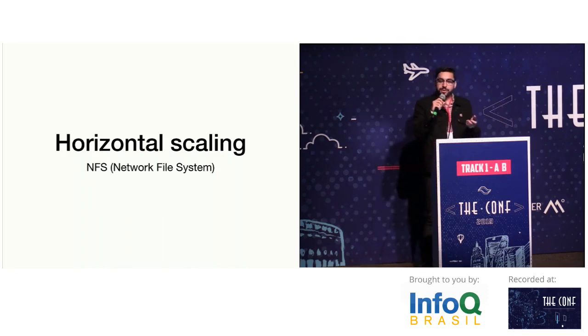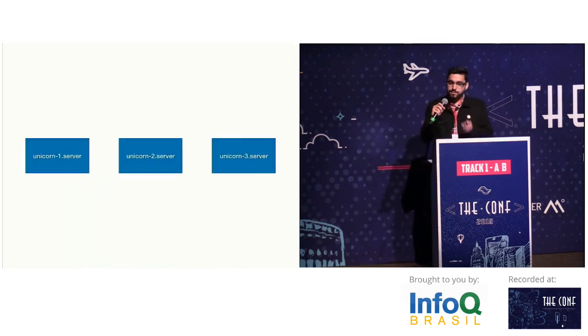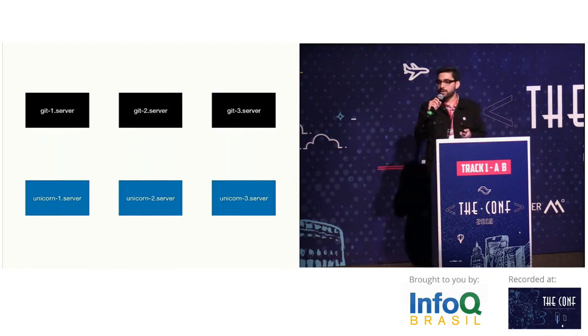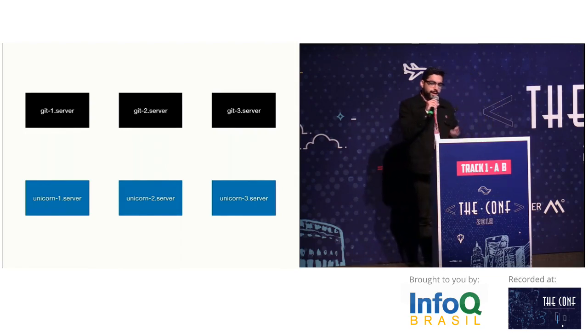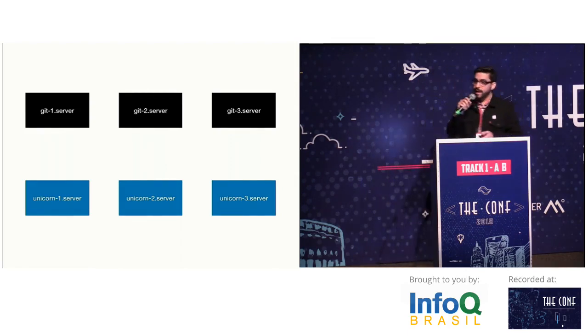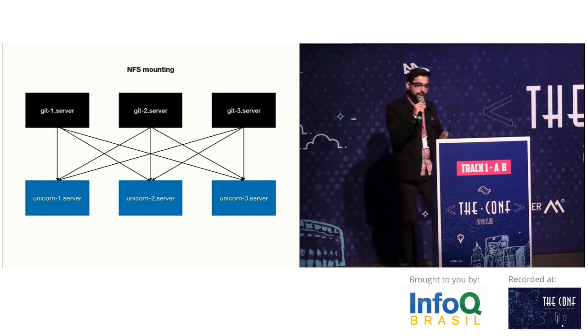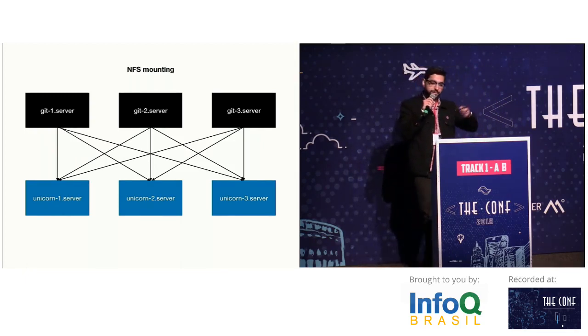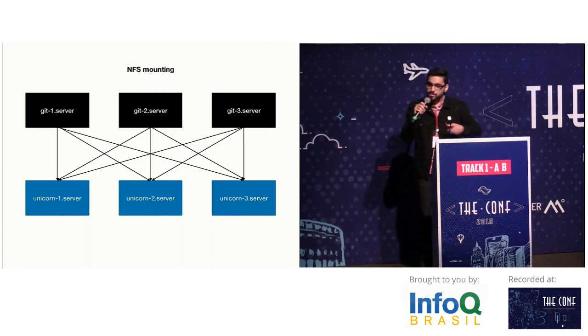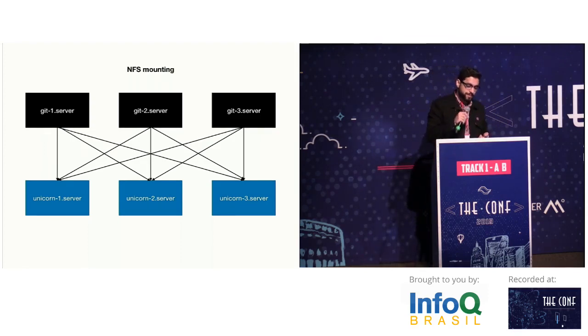So let's say you have three separate Unicorn servers, and then we would have three different Git servers, as we called them at the time, and these Git servers would have NFS. The way we accessed these files was by mounting every NFS server on the clients, the application servers. So let's say we need a new Sidekiq instance. We would need to mount all those NFS servers on the Sidekiq as well, because we needed access to those repositories.